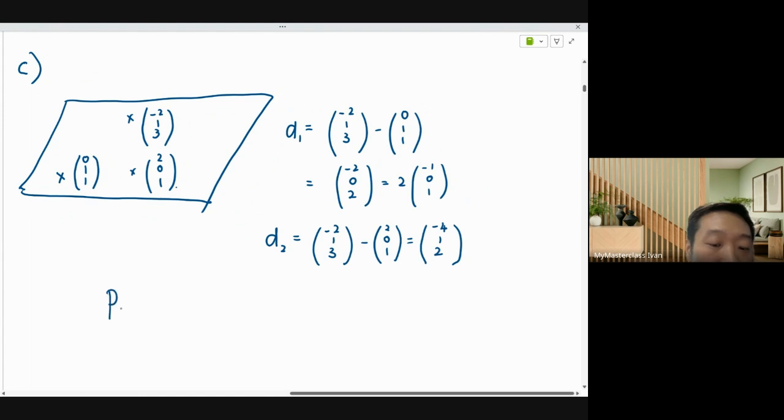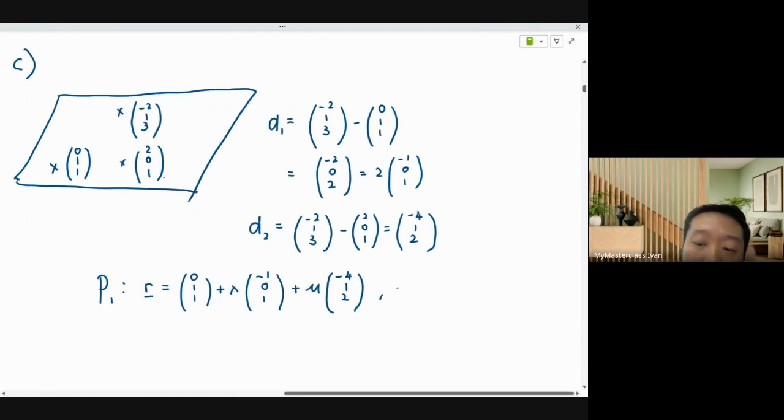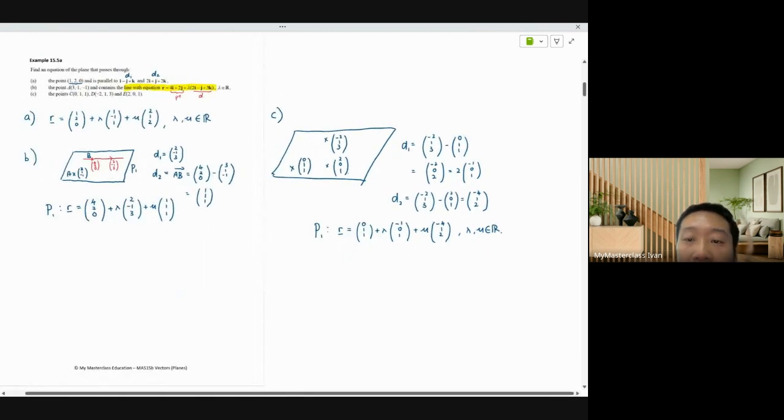We can say that P1 is r equals, any point will do, any of the three, so (0, 1, 1) plus lambda, first direction (-1, 0, 1), plus mu, second direction (-4, 1, 2). Remember to say that lambda and mu are real numbers. So a point and two directions.